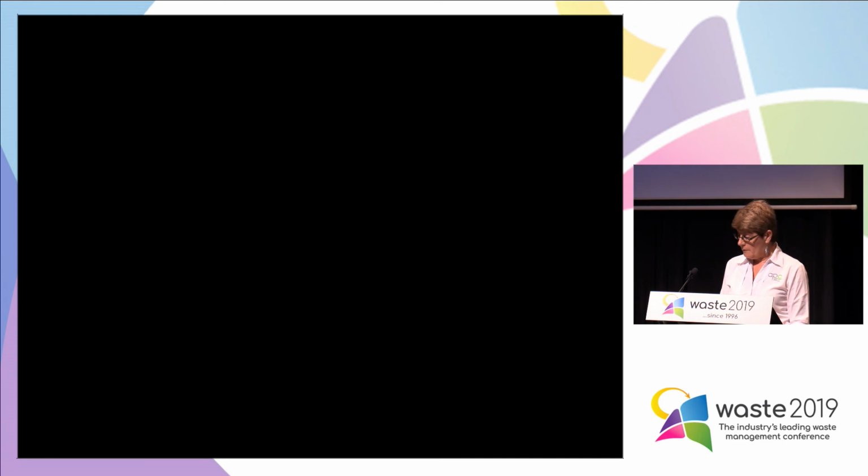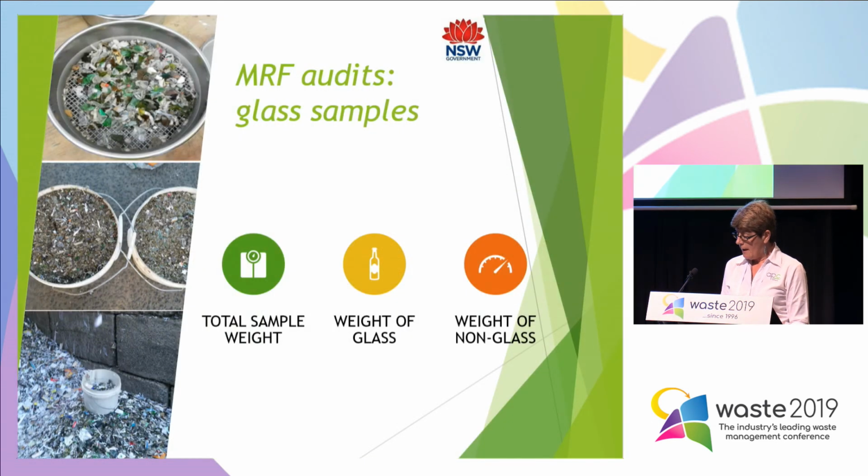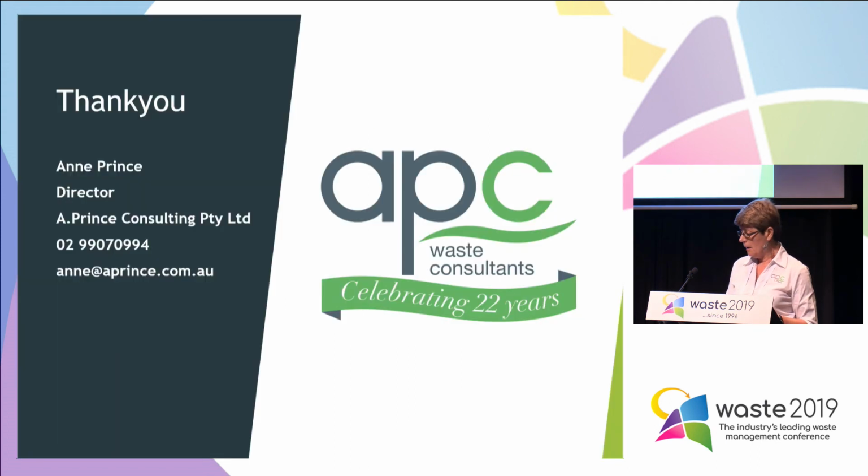And then with the glass, again, what I've just said, we collect a sample of the glass fines or the glass output. We sort and sieve that in 10 kilo lots and remove all the contamination, and then the number of containers per kilo that's collected from the kerbside, the amount of contamination at the MRF is deducted from that, and that's how you get the number of eligible containers per kilo for your kerbside glass number.